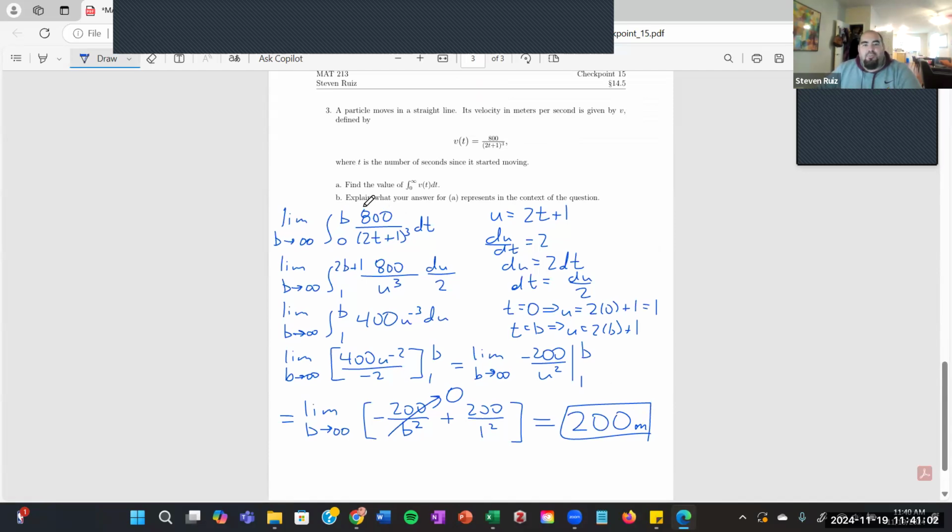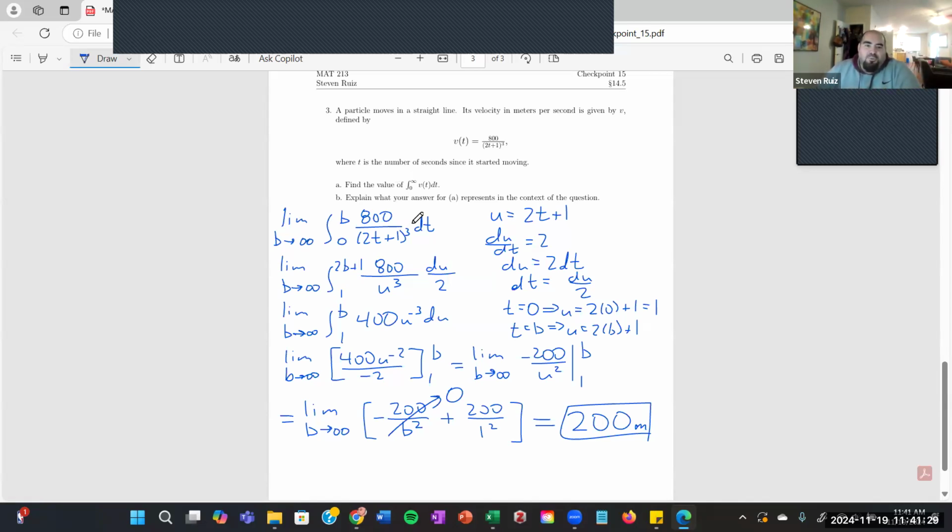So now part B asked me to explain what that value means. I got a unit for it, but what does that unit mean? Basically what that means is this. From the time this particle started moving, it is going to move 200 meters from now until the end of time, from now on, basically.